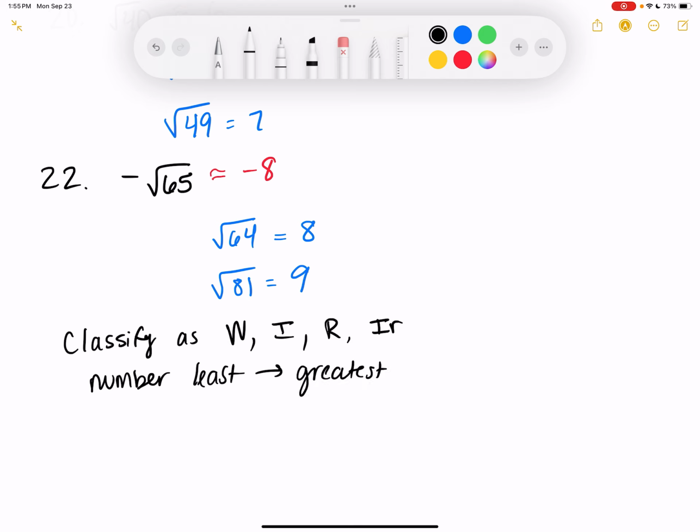All right, so 24. We have the square root of 49, 8, the negative square root of 4, and negative 3.